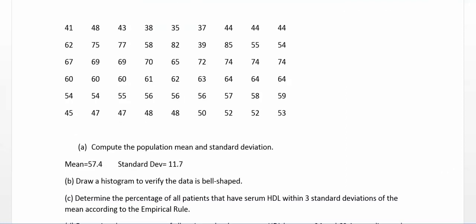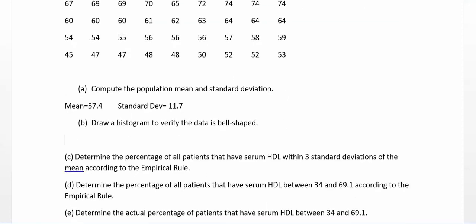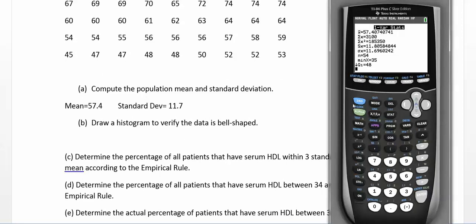Okay, so then we want to create a histogram and verify whether or not the data is bell-shaped. So we go up to stat plot, make sure that our stat plot is turned on, and if it's not, just highlight it and make sure that the histogram icon is picked.